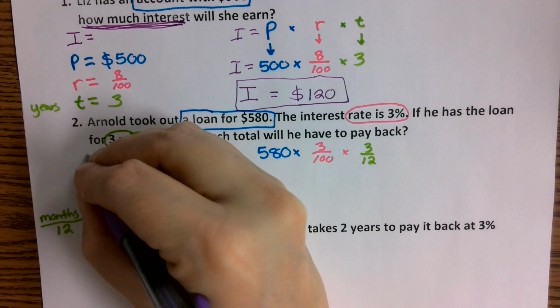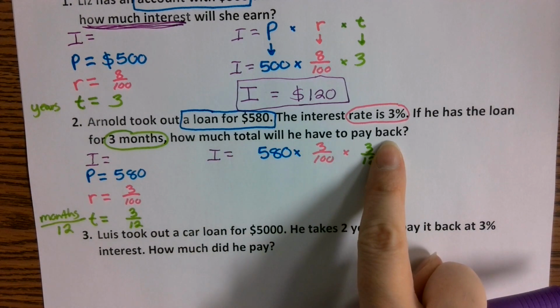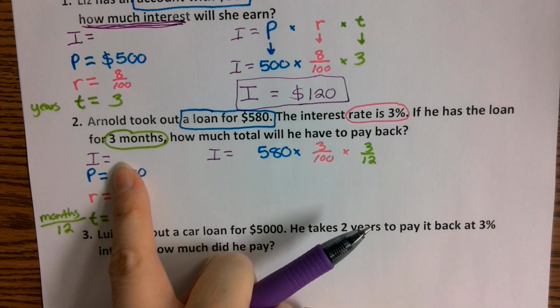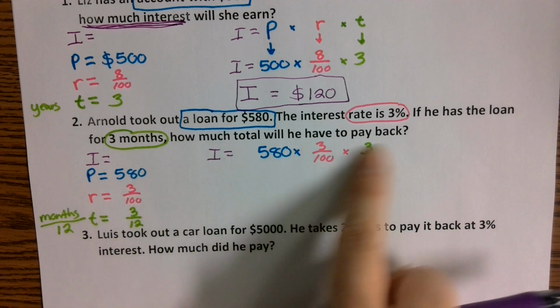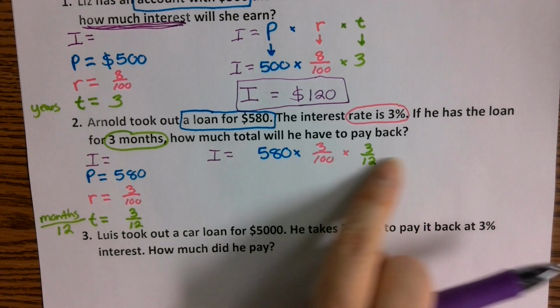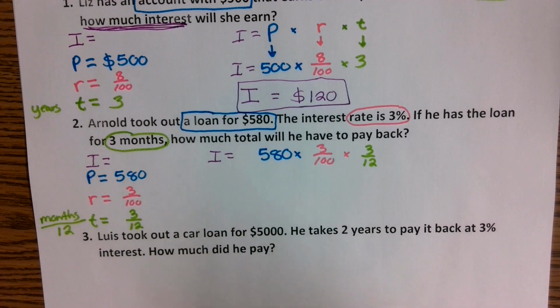Let's see what the question's asking for. How much total? Is total the same thing as interest? No. Total is not the same thing as interest. So that means after we do this, what do we need to do after that? What did I tell you guys to write at the very top of your paper? Final amount equals P plus I, right?